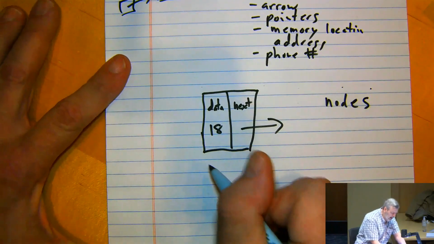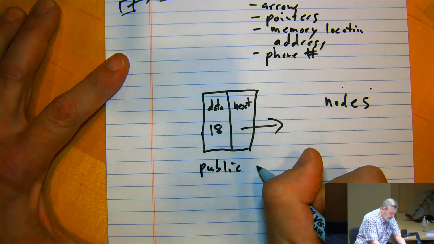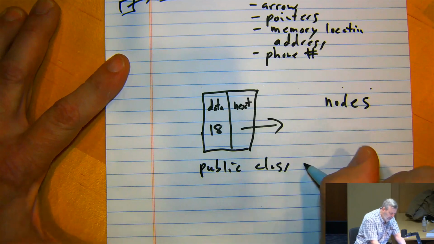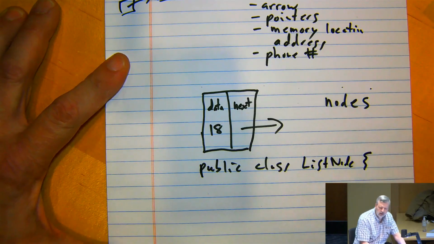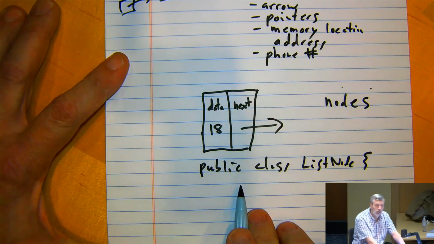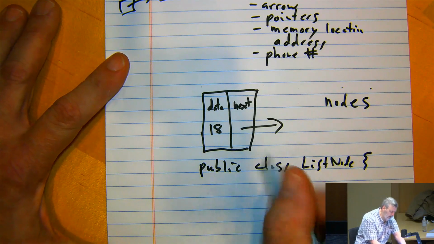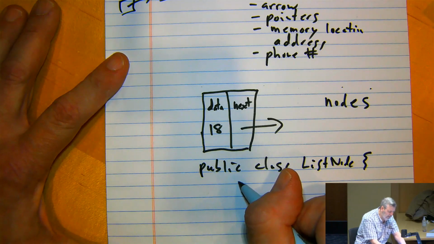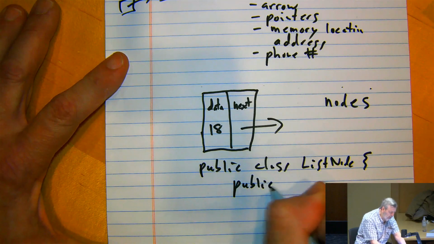We're going to need some kind of a Java class for storing this. So we want a public class that I'm going to call listNode, and it's going to have two things in it. Now, I told you that in general we want all fields to be declared private. This is the one exception, in node classes. I'm going to talk about this a little more next time, why it's okay to do what I'm about to do, but I'm going to make public fields.